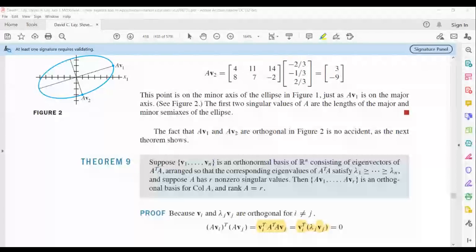One moment here. One moment, everybody. Okay, let me share this again. Okay, is the book visible now in the on the screen?